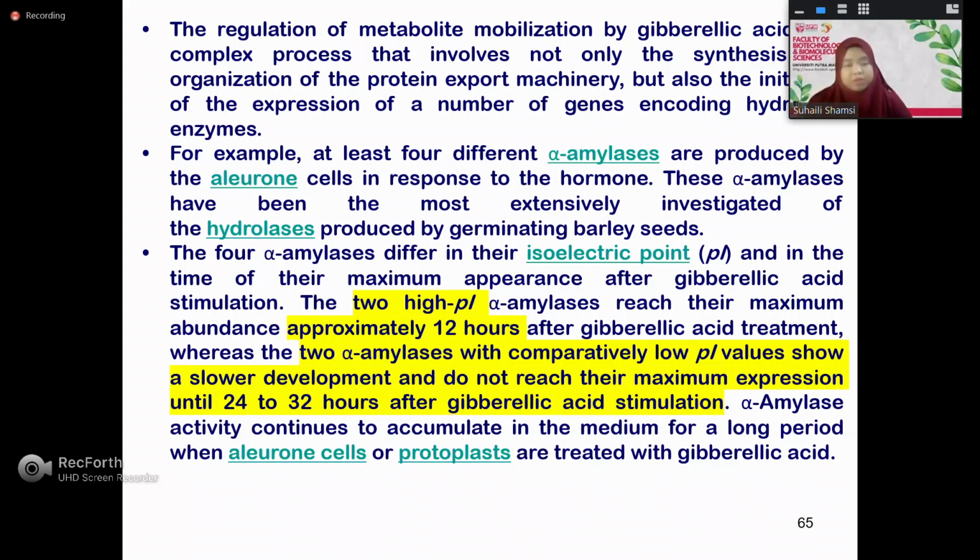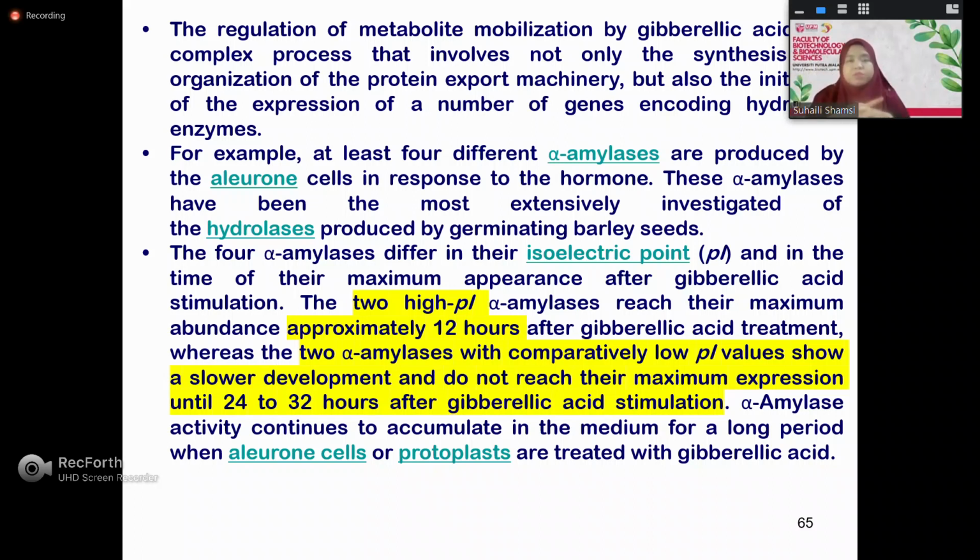So the first two amylases with high PI value would be induced first in the first 12 hours. And after that, the ones with low PI value will then have a sustained release, right? Up until 24 to 72 hours.